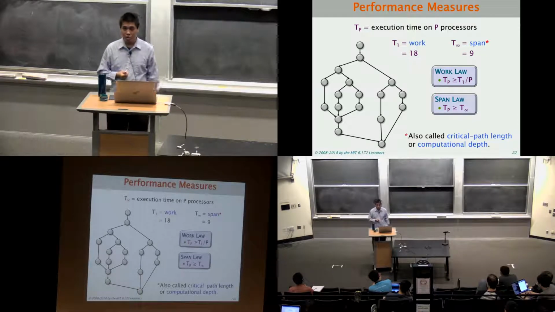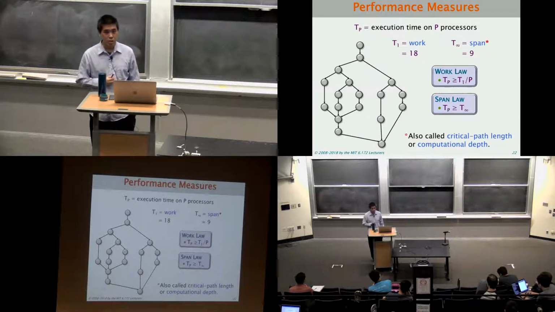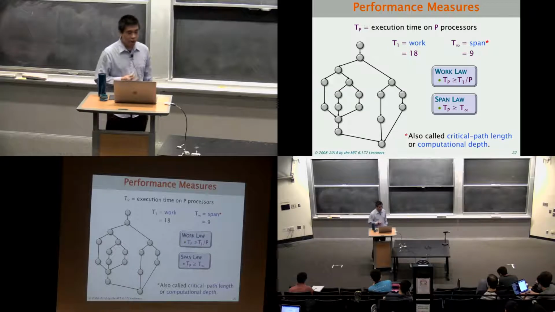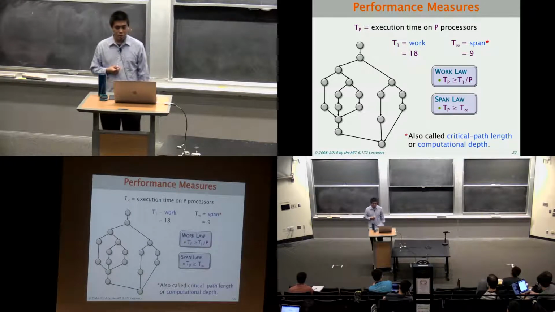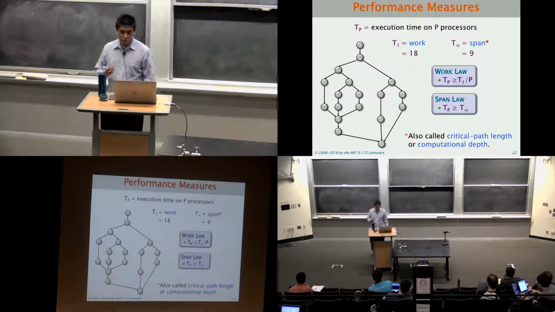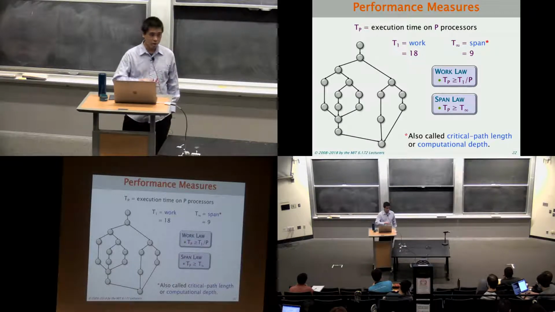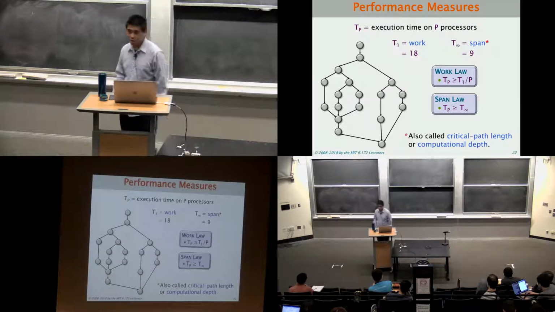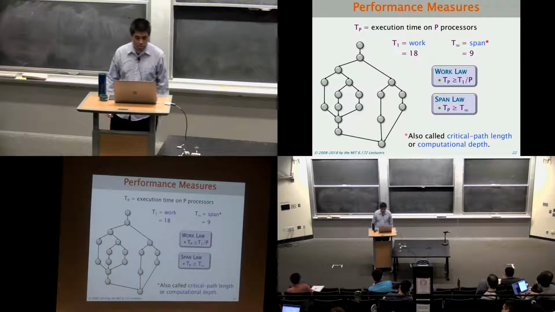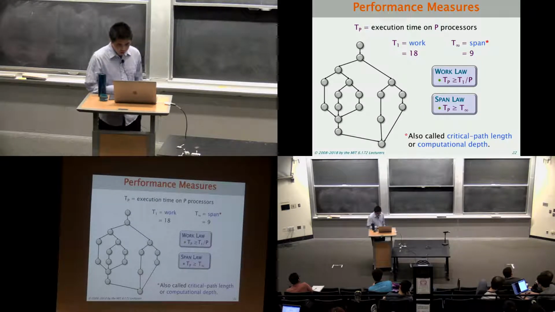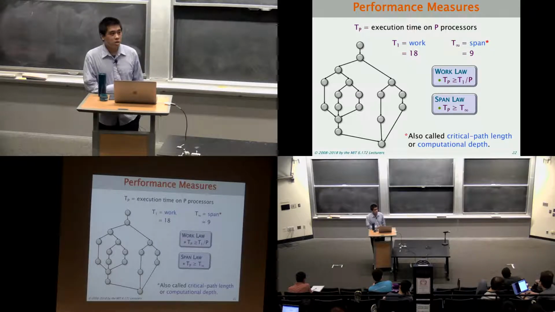You just use P of the processors and leave all the remaining processors idle. And that can't slow down your program. Therefore, T sub p has to be greater than or equal to T sub infinity. If you add more processors, the running time can't go up. Any questions?